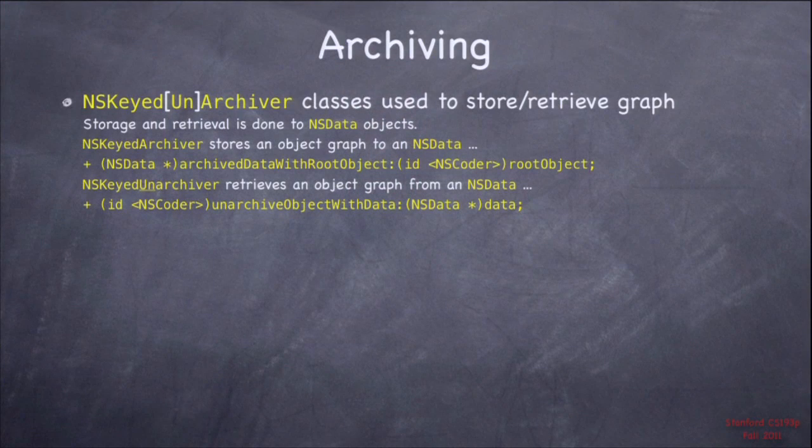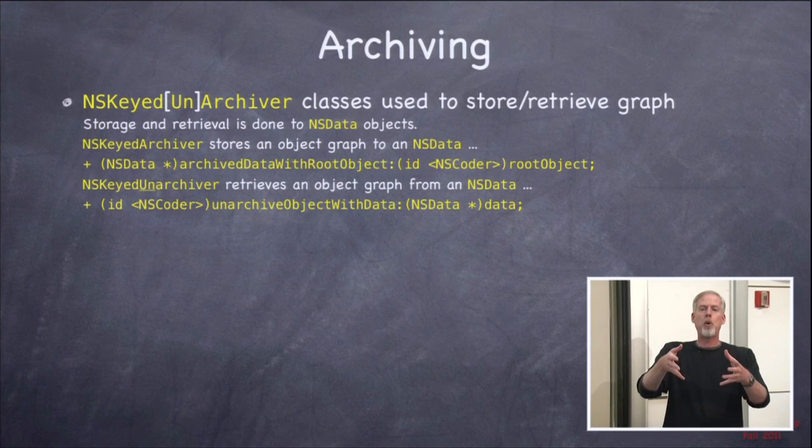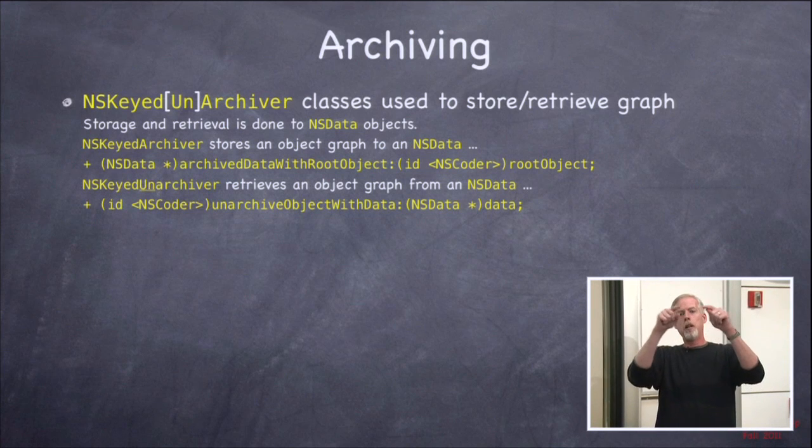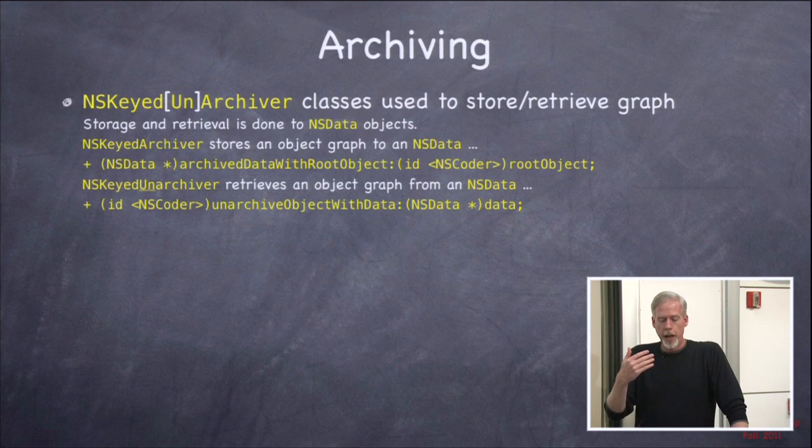All right, so how do you get this to happen? You have these two important classes, NS keyed archiver and NS keyed unarchiver, and they have class methods like archived data with root object. You pass a root object. So for example, in a storyboard, a root object could be the top level view controller, okay? And that's got to be NS coding compliant. It has to implement that protocol.